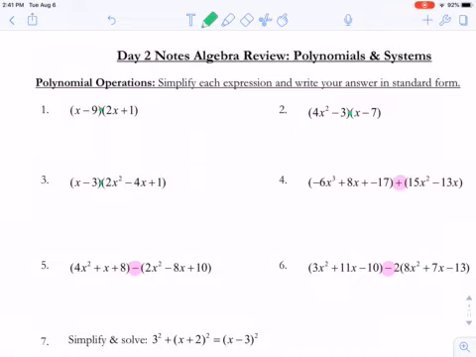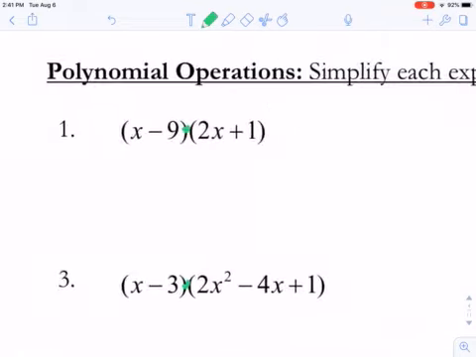So the first one that we are going to look at is multiplying. Now you may have learned how to multiply polynomials by following the FOIL directions, first, outside, inside, last. That's perfectly fine. I also like to use the phrase double distribution. They both tell you to do the same thing. So you can think of it as multiplying the first or just distributing this x to both of those terms there.